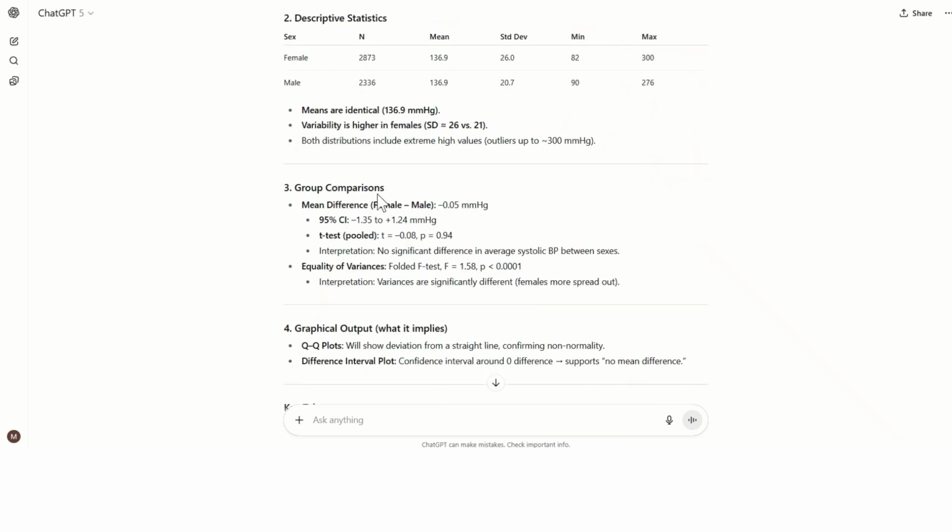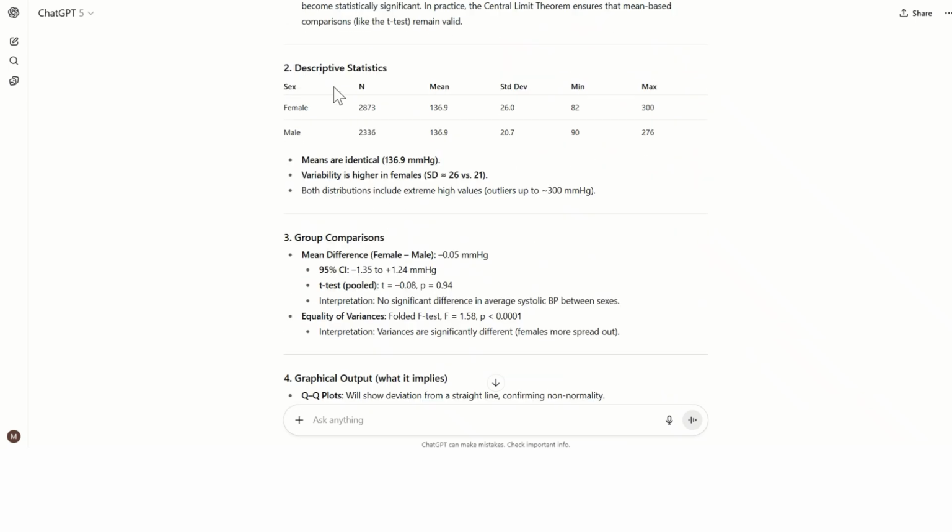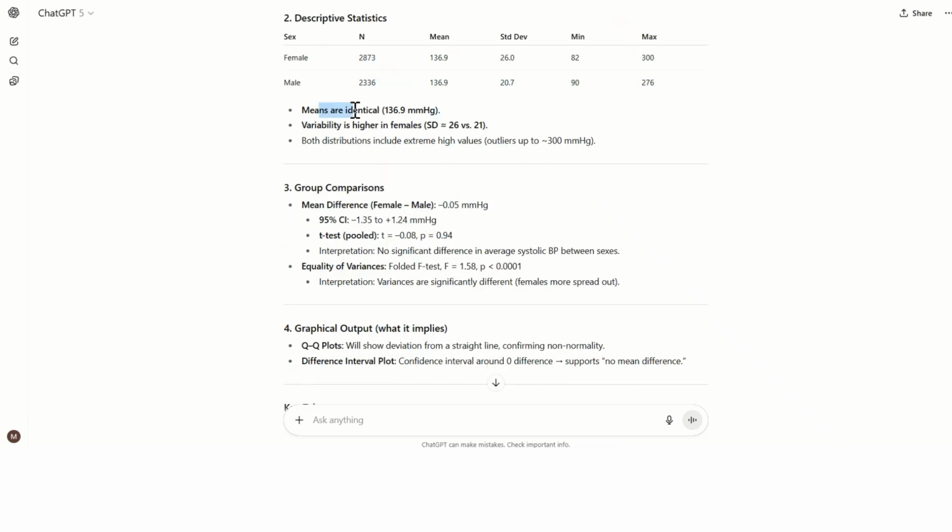Okay, so the next table, the descriptive statistics, compares values separately for males and females. 1,873 females, mean systolic blood pressure this, standard deviation this, minimum and maximum values, and here are the values for males. The mean was nearly identical.